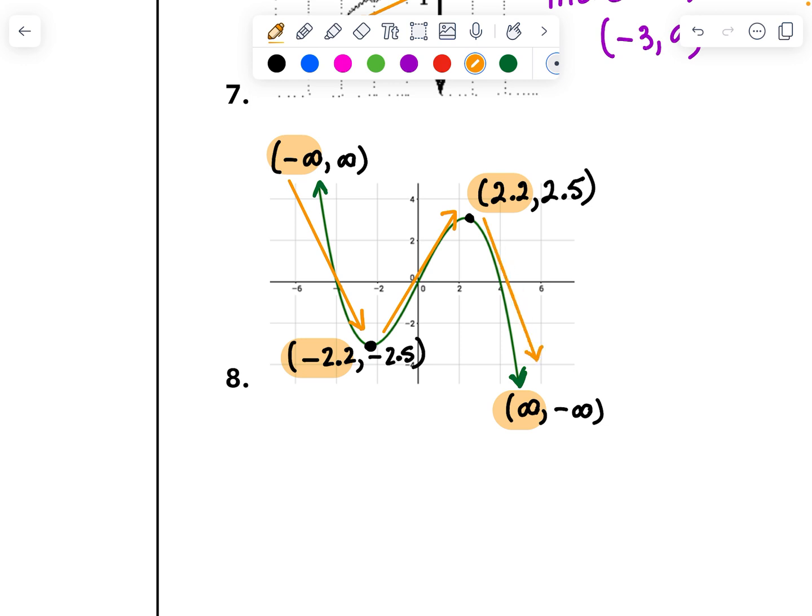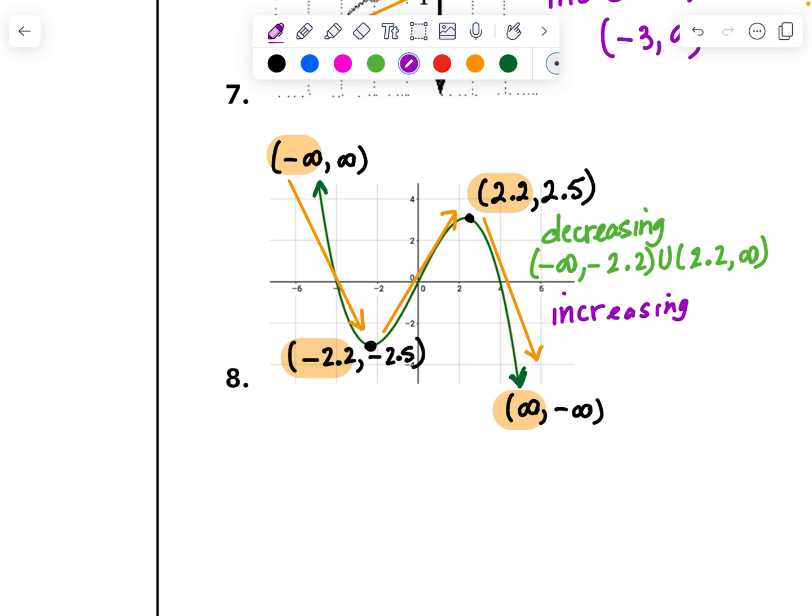So my decreasing is negative infinity to -2.2, and also 2.2 to infinity. And then my increasing is negative 2.2 to 2.2.